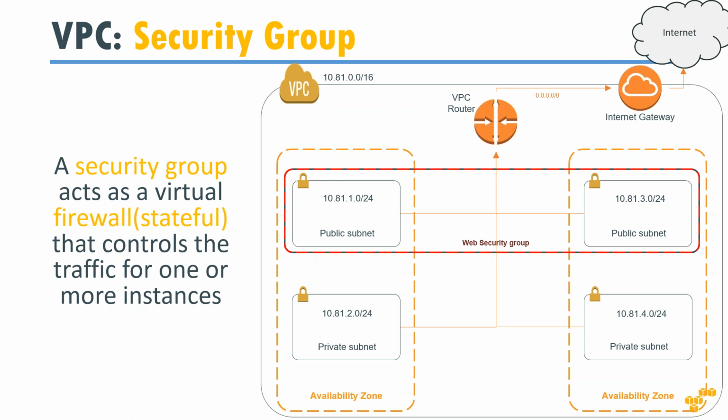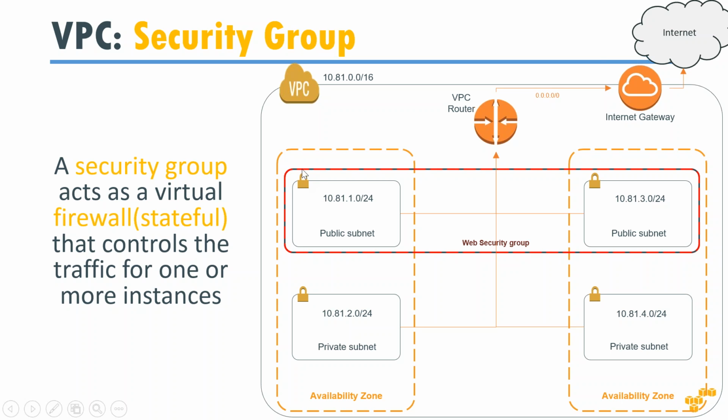In other words, the firewall knows what the incoming IP address is, what the destination IP address is, what the incoming port is, and what the outgoing port is, and remembers all that information when the traffic is going out. That is called a stateful firewall. And in a stateful firewall, it is applicable to the whole of the VPCs that you create.